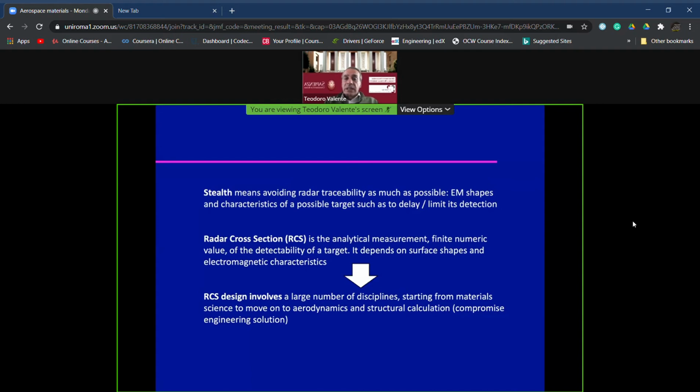And this concept integrates a large number of disciplines, starting from material science, so properties of materials, electromagnetic properties of materials, but also moving to aerodynamics, structural calculations, so something which is going to, let me say, directly affect the performance of the flying object related to the shape of the object itself.